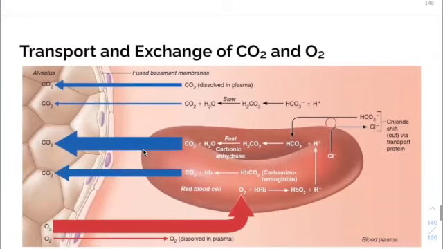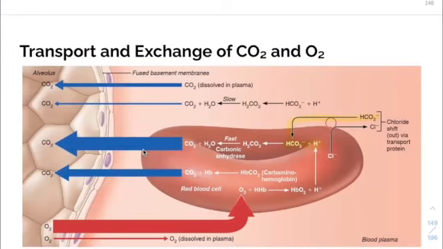So we went through the first part of that process. Now we're going to go through the next part. So we're coming back out. We have that bicarbonate ion that's coming back into the red blood cell. It's going to attach to this hydrogen ion.